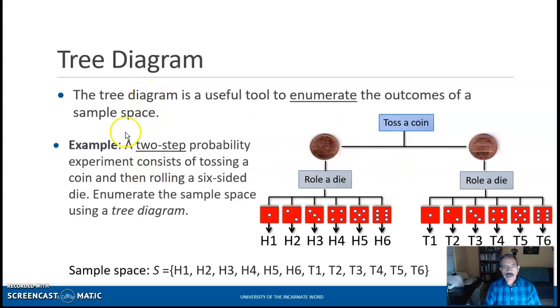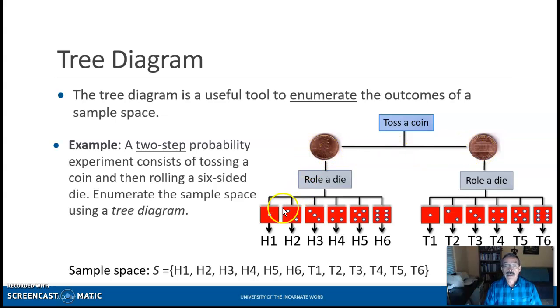In this example, I'm showing you a two-step experiment, where in the first step we toss a coin, and then in the second step we roll a die. We would like to see what the elements of the sample space are. When you toss the coin, you have two choices, a head or a tail.